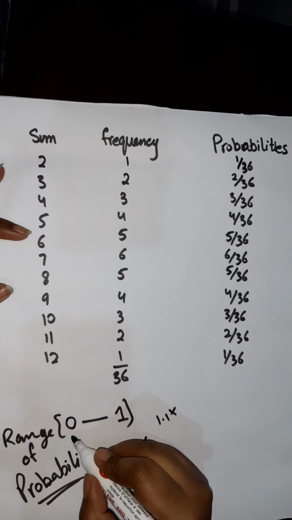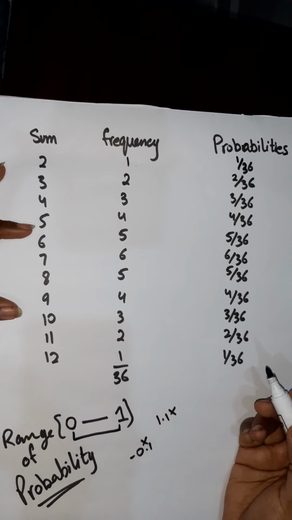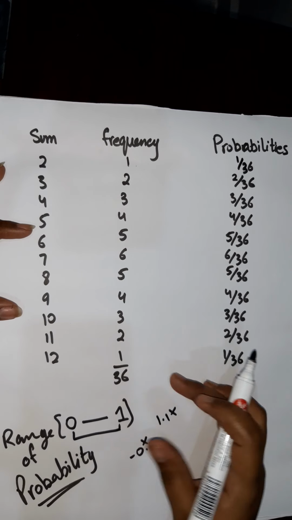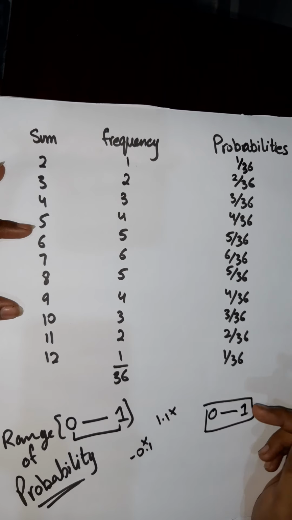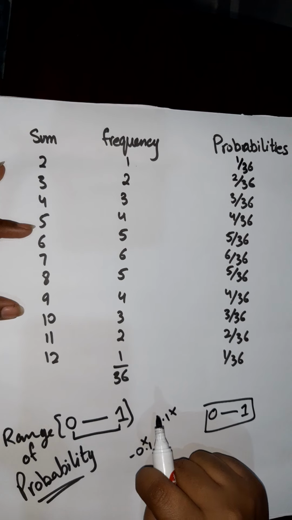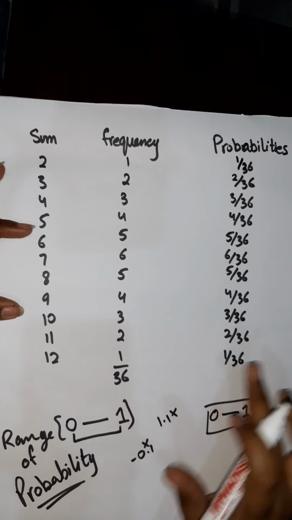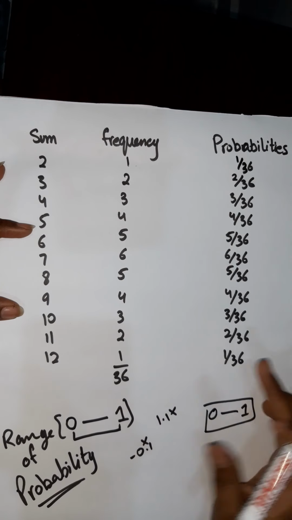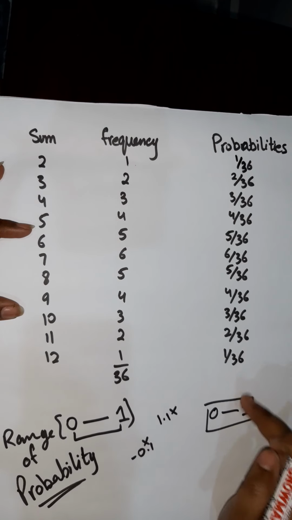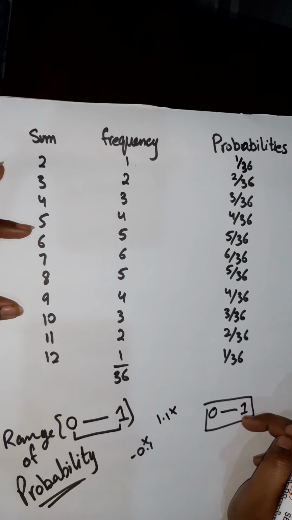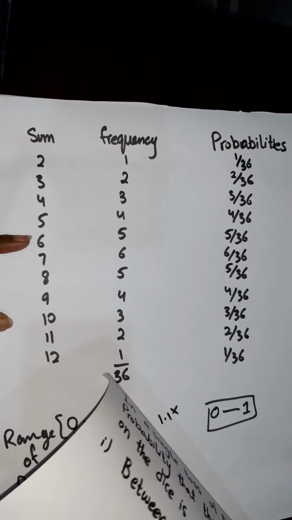I have solved many questions, and you have seen that the answer is always between 0 and 1. If your answer is negative or more than 1, then you have done something wrong, because its range is from 0 to 1.